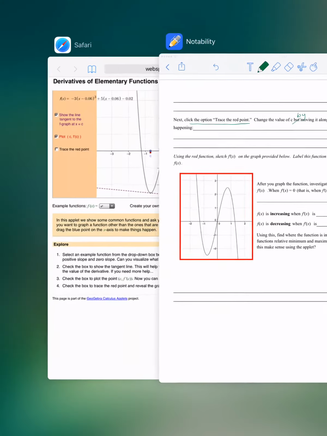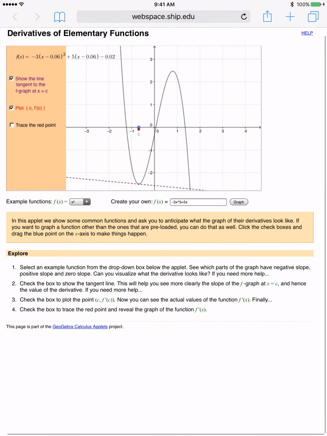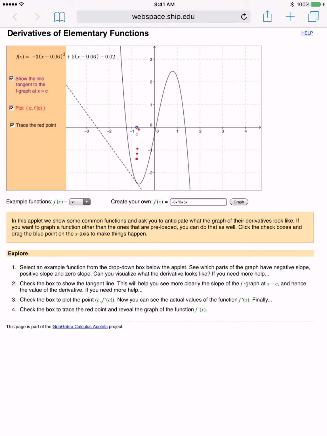This is the cool part. So you'll click the button Trace the red point. How cool.